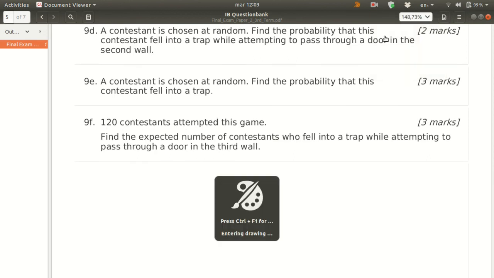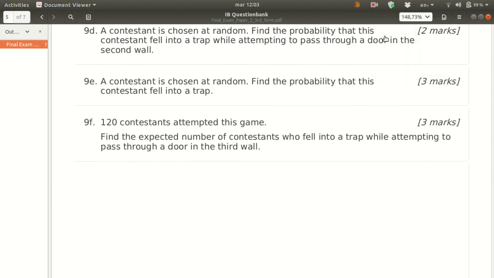Okay, now the last question. 120 contestants attempted this game. Find the expected number of contestants who fell into a trap while attempting to pass through the door in the third wall. So what is the probability that the person falls in the trap in the third wall?